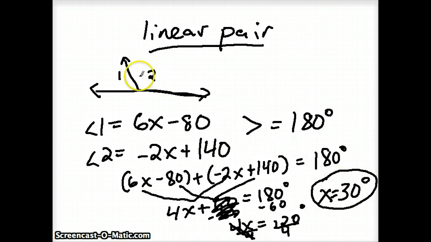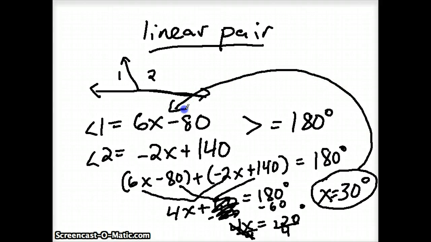That doesn't tell me the angle measurement, that just tells me what x equals. So now I need to plug this in, or substitute 30 into x, or take x away and replace it with 30.